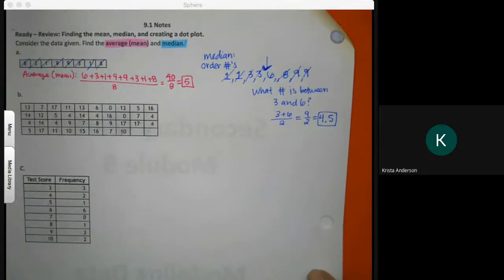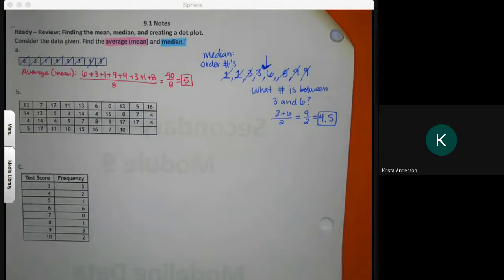If these were test scores, would you want the teacher to use the average or the median for your test score? The average, because you get 0.5 more, right? So in different situations, you'll prefer using the median compared to a mean. It's just different ways of finding the middle, how you evaluate.